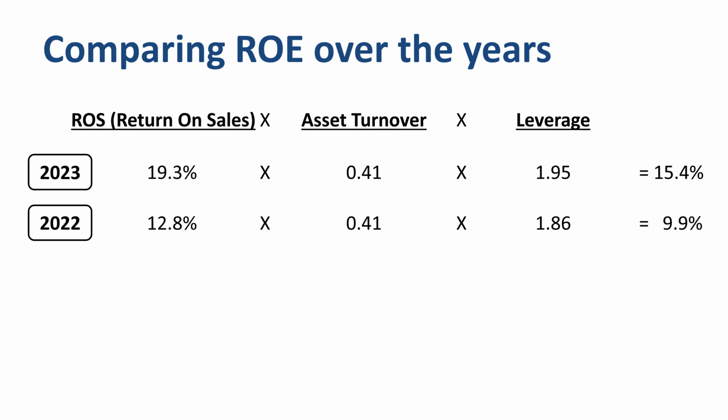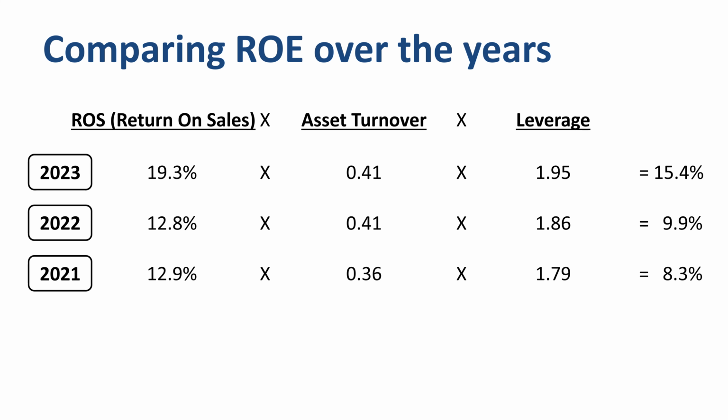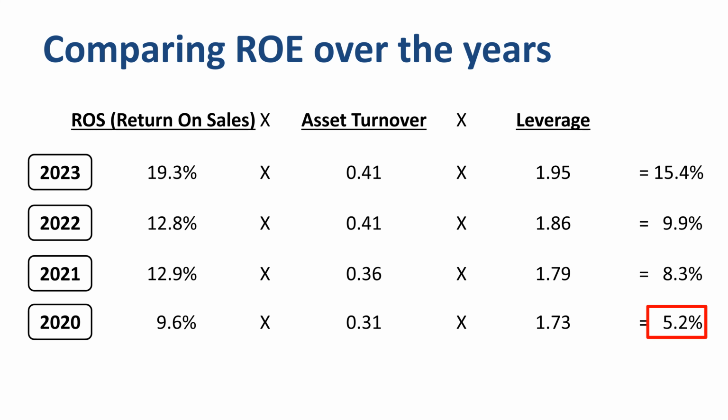In total, return on equity of 9.9%. 2021, ROS of 12.9%, asset turnover 0.36, leverage 1.79, ROE 8.3%. 2020, ROS of 9.6%, asset turnover 0.31, leverage 1.73, ROE 5.2%. Over those 4 years in our sample, ROE has gone up significantly, from 5.2% in 2020 to 15.4% in 2023.